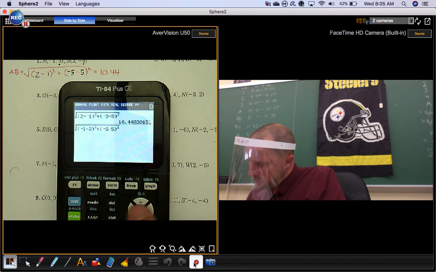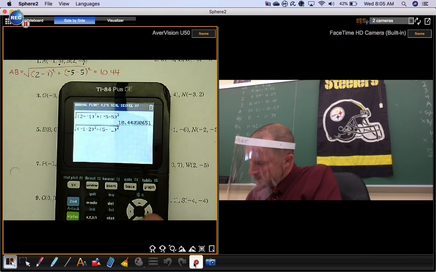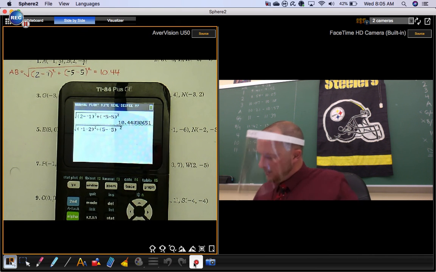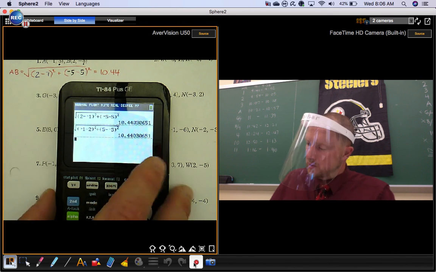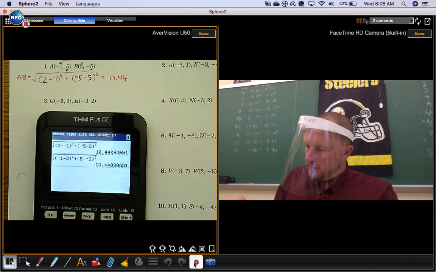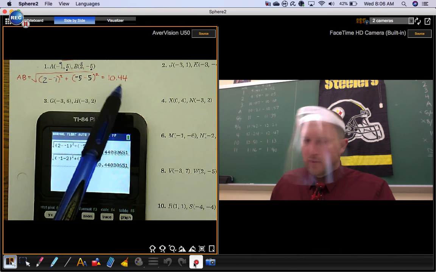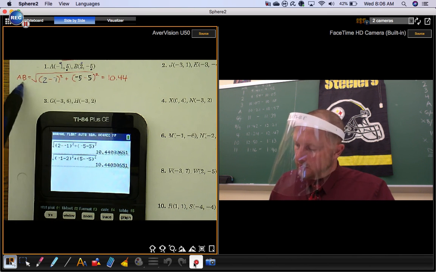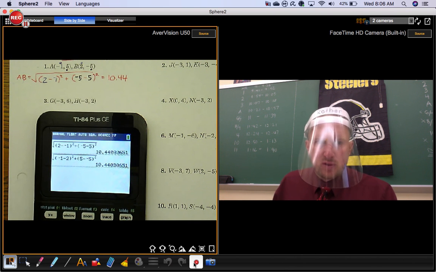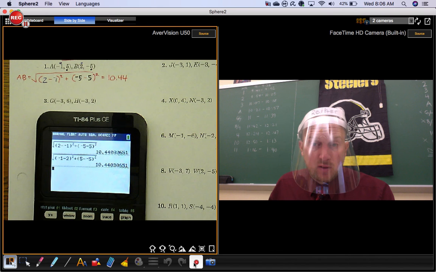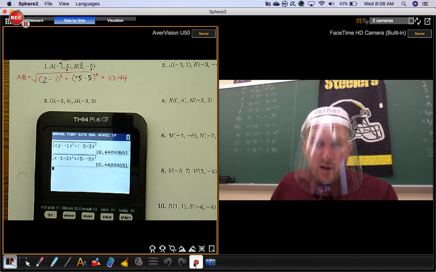And over here we'll do +5 minus -5. Notice how you get the same answer, and you should. The distance from A to B is 10.44. The distance from B to A better be the same thing. So it doesn't matter what order you put those values in, as long as you stay consistent for the y's.